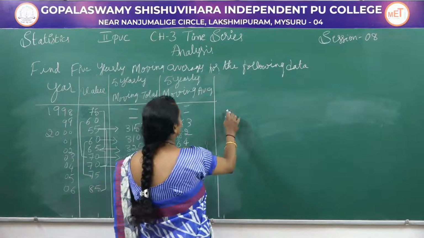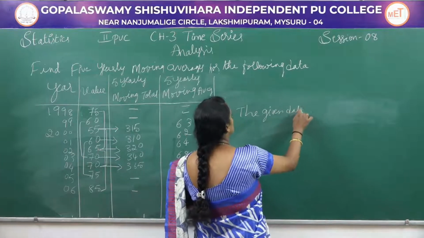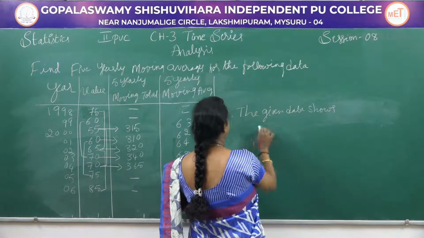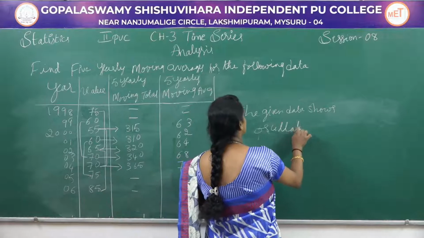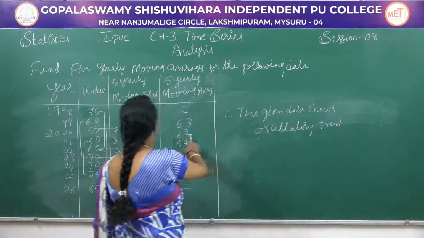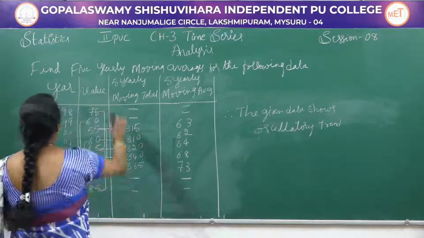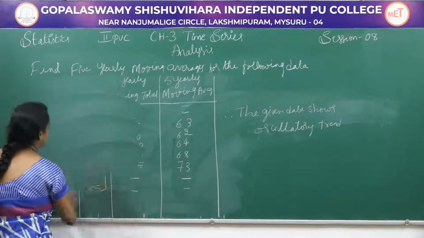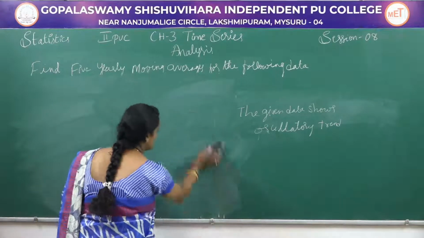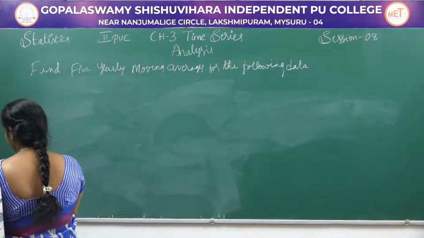Therefore the given data shows oscillatory trend, because here it decreased, again it started increasing. Next one, next problem.